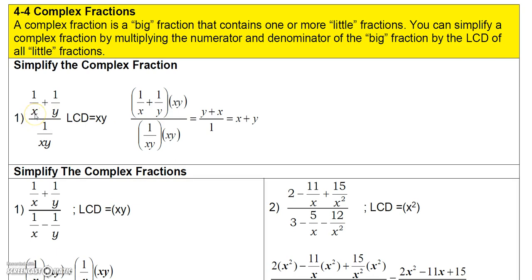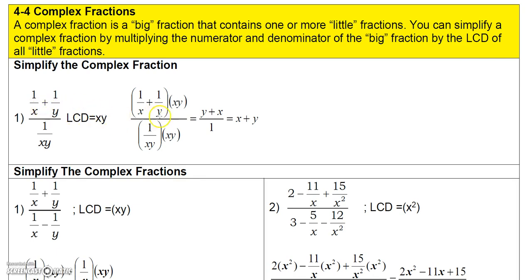So if you look at this fraction, the denominator is x, this fraction, the denominator is y, and this fraction, the denominator is xy. So the lowest common denominator would simply be xy, because x will divide into xy, y will divide into xy, and certainly xy will divide into xy.